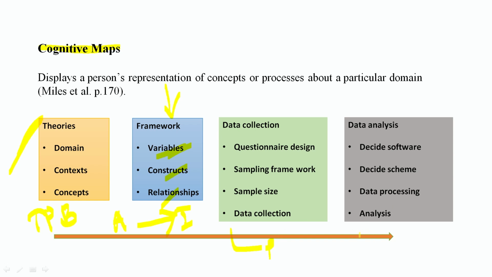If it is qualitative data analysis, we use qualitative data analysis software, else we may use SPSS or Stata. So, the stages of this research you can put in flow chart form. This is 1, 2, 3, 4 and you can connect it. So, that is what we call cognitive mapping.